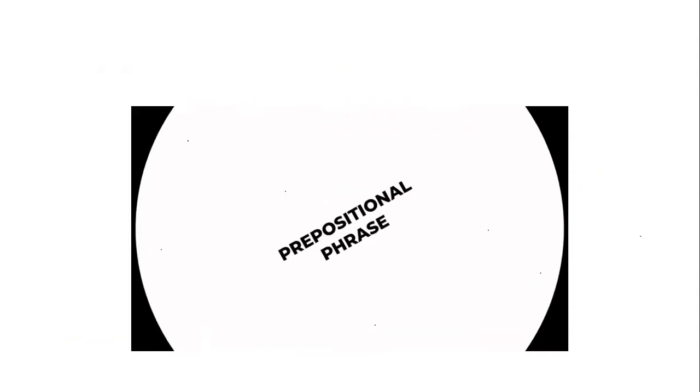Now, we have done a lot of examples on direct objects and indirect objects. Now, let us go to our third grammatical object, which is objects of preposition, also called the prepositional phrase.